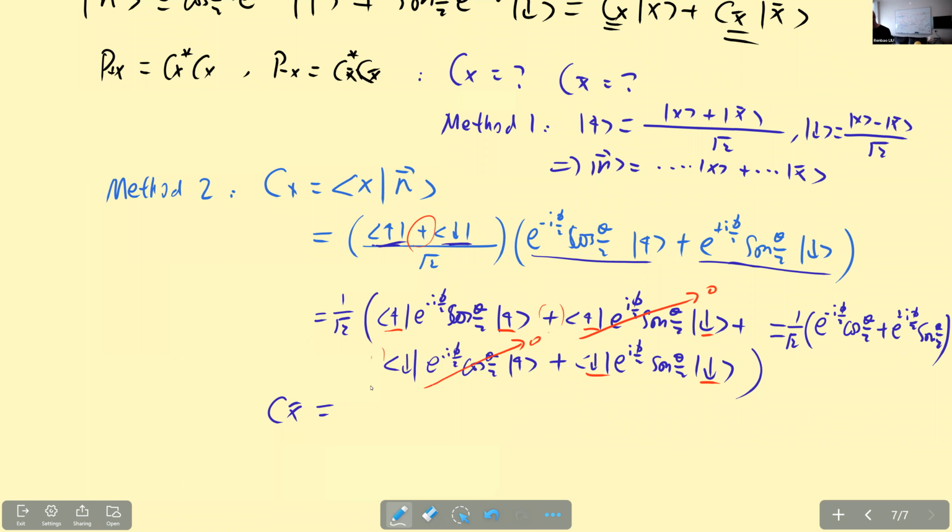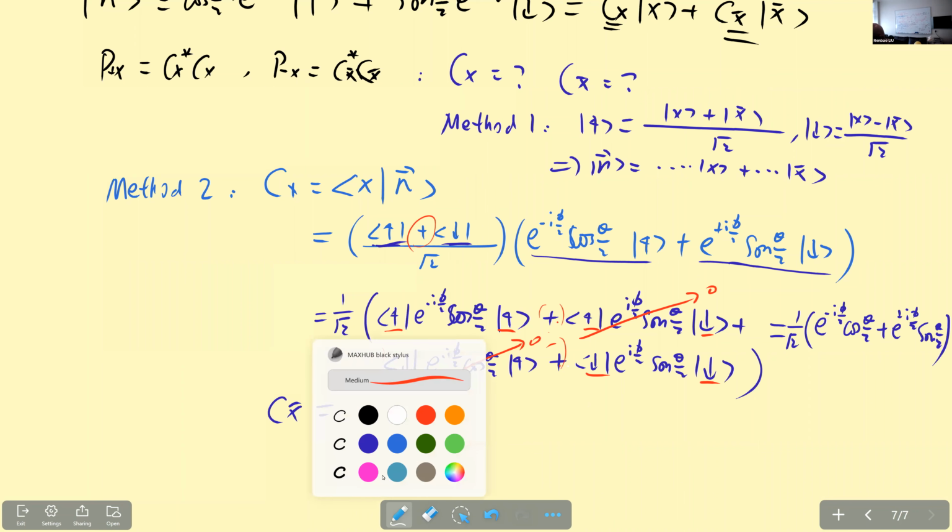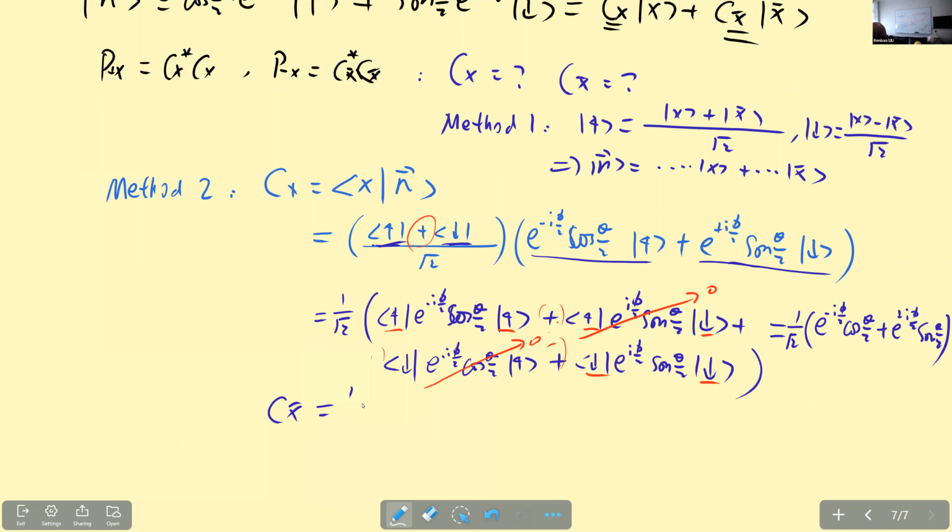But these 2 terms are 0. And this term will not change the sign, okay? So this will change minus sign, okay? So then the result will be 1 over square root of 2. This term, that's e to minus i phi over 2 cosine theta over 2. And now the next term will be minus sign, right?